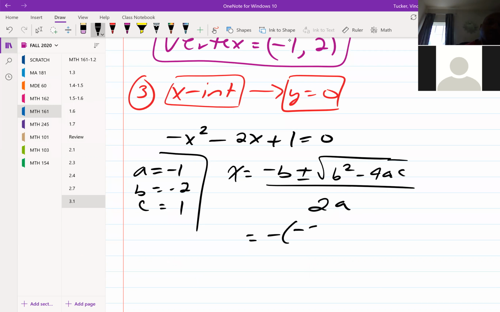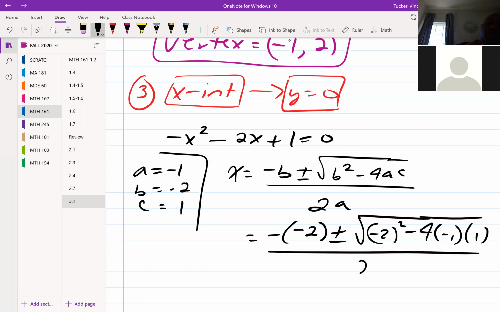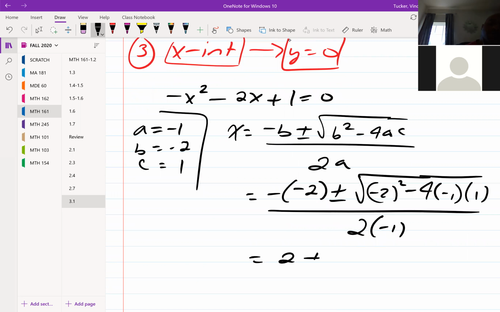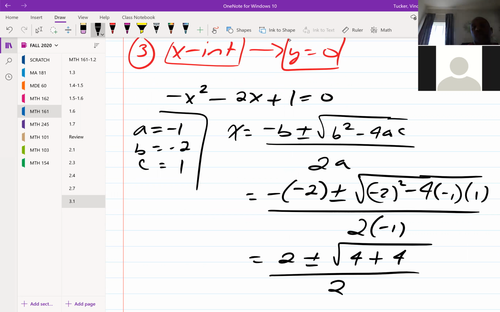All right, so plug them in. It's negative negative 2 plus or minus the square root of negative 2 squared minus 4 times negative 1 times positive 1, all over 2 times negative 1. So the negative turns positive on the outside. On the inside, negative 2 squared is 4. 4 times negative 1 times positive 1 is going to be a positive 4, all over 2, should be a negative 2.